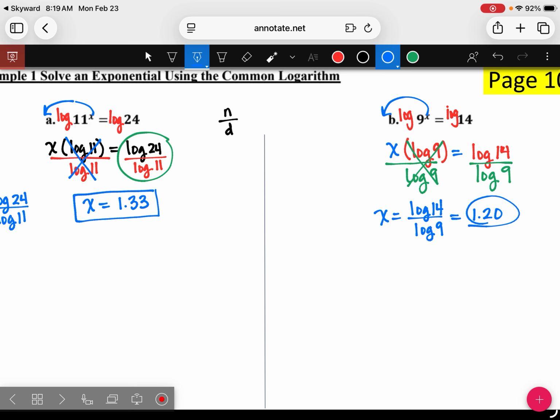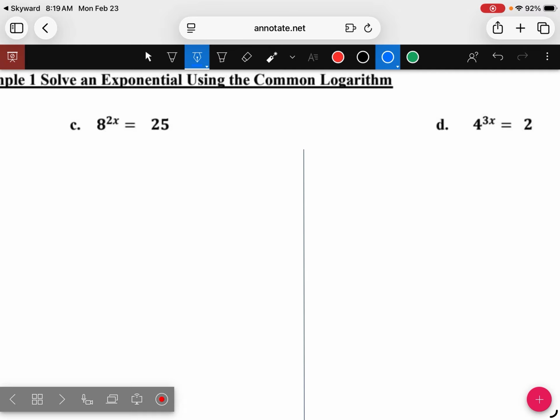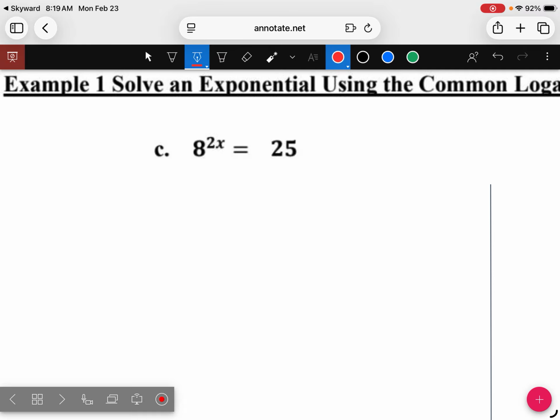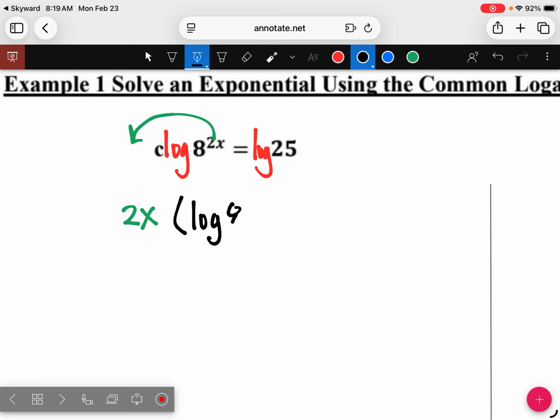All right, let's look at question C. Again, we're going to start by putting our log in on both sides. That's going to move this to the front. So now I have a 2x, and that's multiplied by the log of 8. And that equals the log of 25.